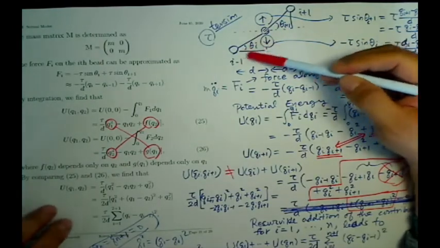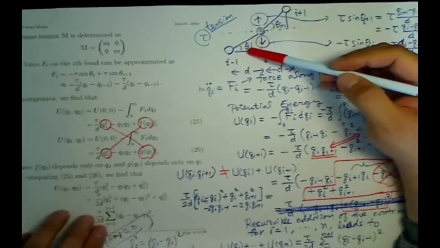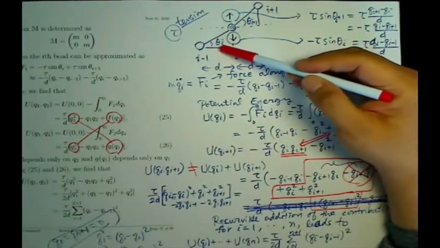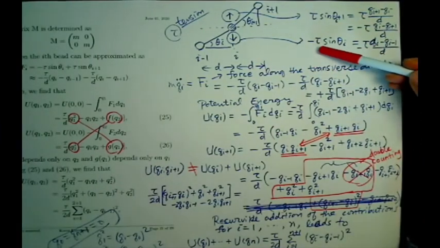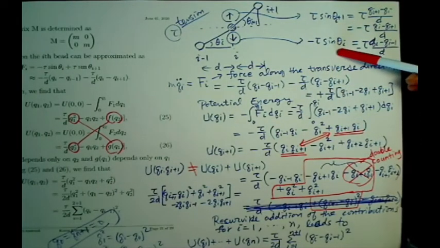The left hand side will be the angle theta i, and that can be computed with tau sine theta i.